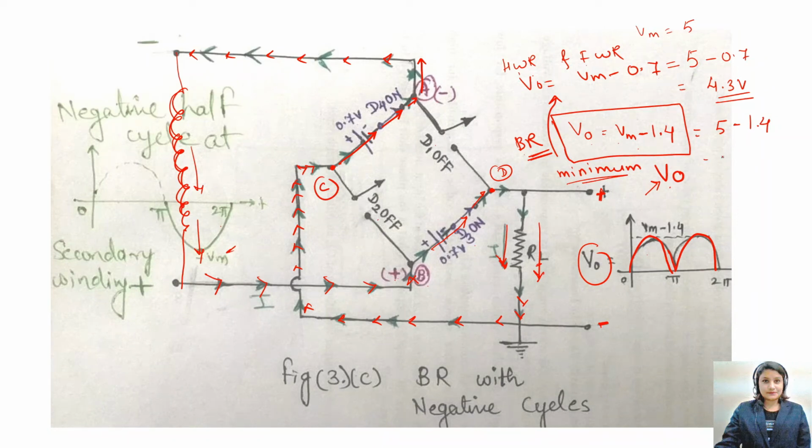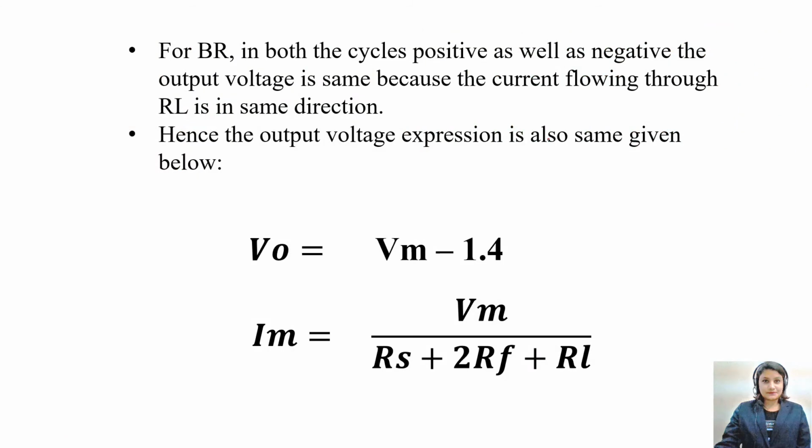How much will it be? 3.6 volts. Which circuit is giving you the least output? Yes, 3.6. Your bridge rectifier gives you the minimum output. So this is the output voltage: VO is equal to Vm minus 1.4 for a bridge rectifier.